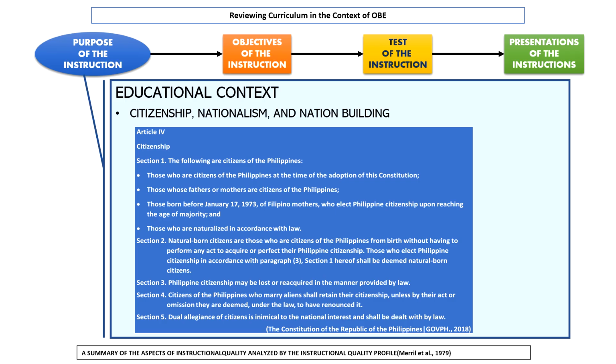But who exactly are the people that we should be teaching about nationalism and citizenship, also in the context of nation building? Then we have to go back to the Constitution and look at Article 4, Citizenship, because this article defines who are the citizens of the Philippines, as shown here.